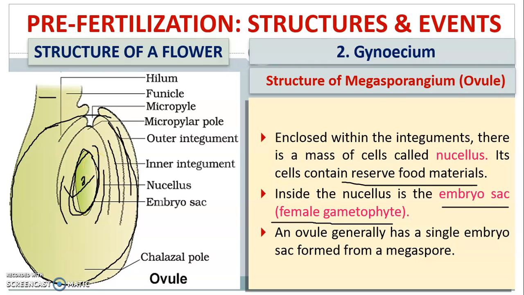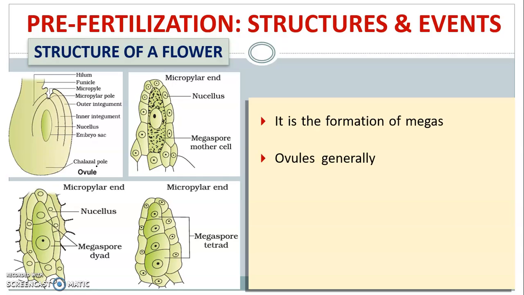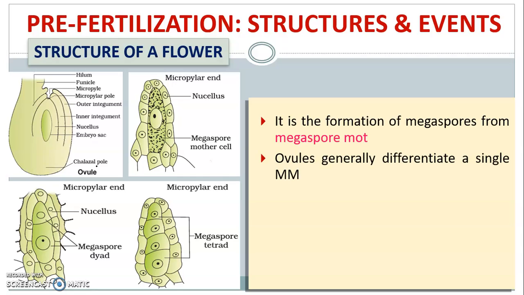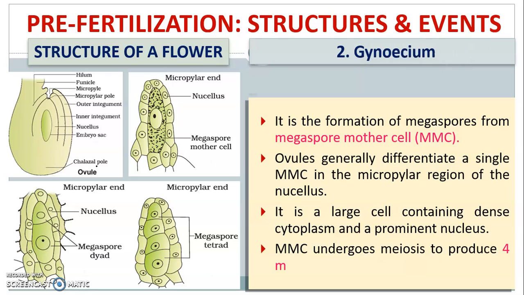This embryo sac is formed from the megaspore. Now I will tell you the process of the formation of the megaspore, the process of formation of the embryo sac from the megaspore. This process is known as megasporogenesis. So what exactly is megasporogenesis?